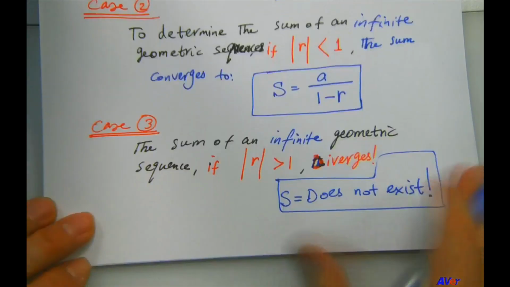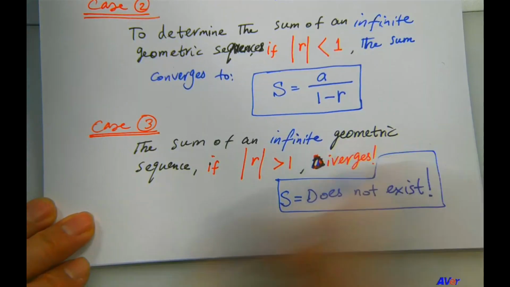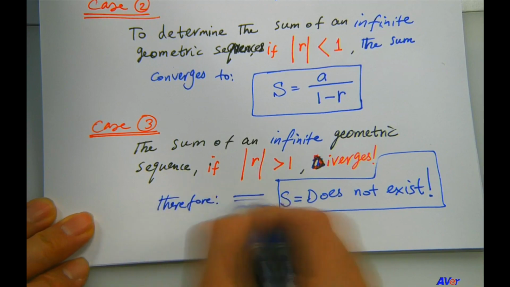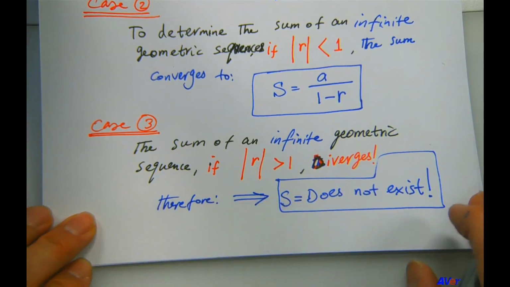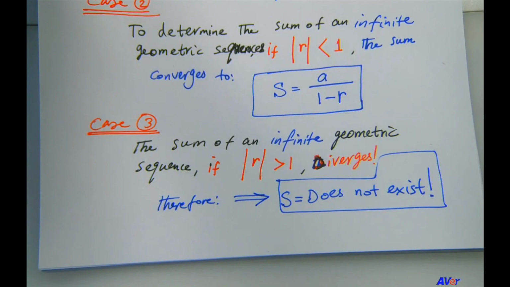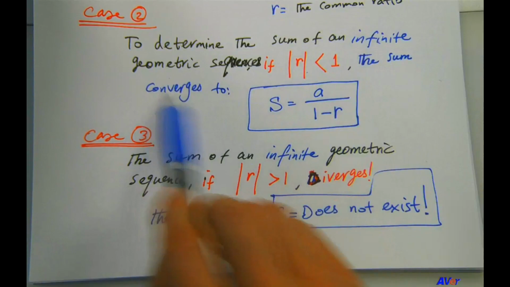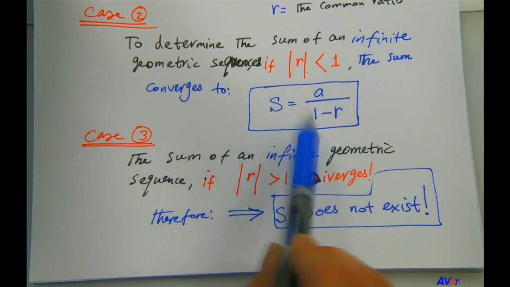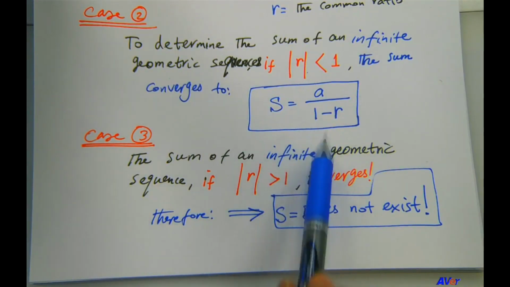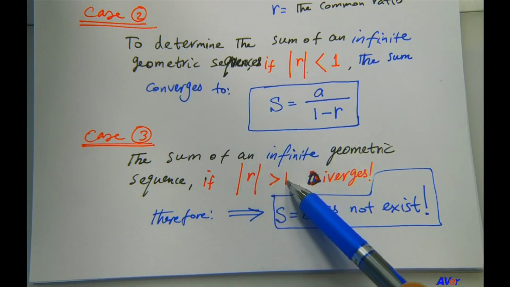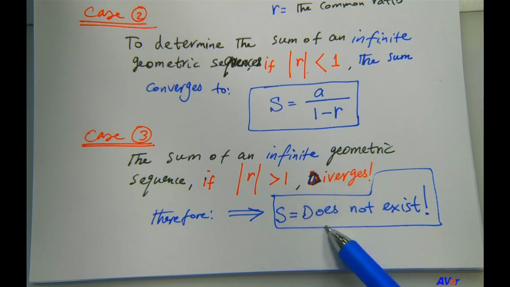Therefore, because it diverges, the sum does not exist. Okay? If absolute value of r is less than 1, the sum converges to this value that you can calculate with this formula. But if absolute value of r is greater than 1, then the sum diverges and it does not exist. Okay?